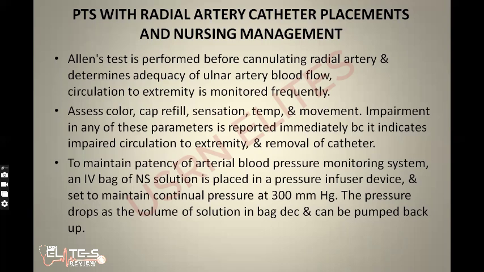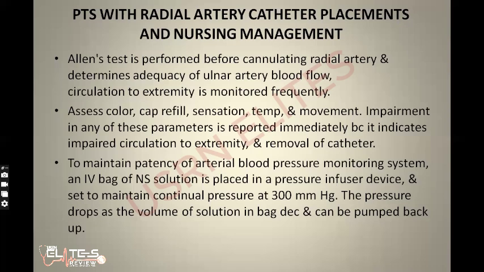Now, before you put in any radial artery catheter, whether for the purpose of invasive monitoring or to pick a sample for investigations, you'll have to perform this Allen's test.